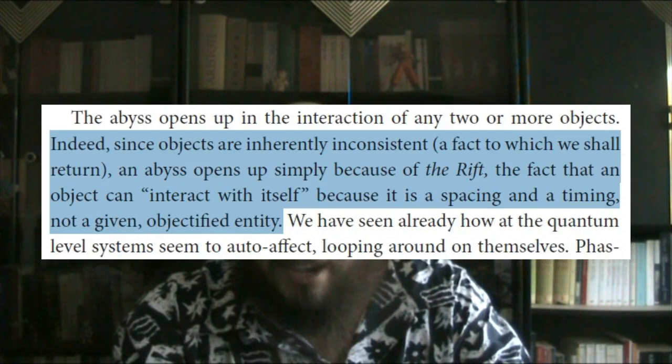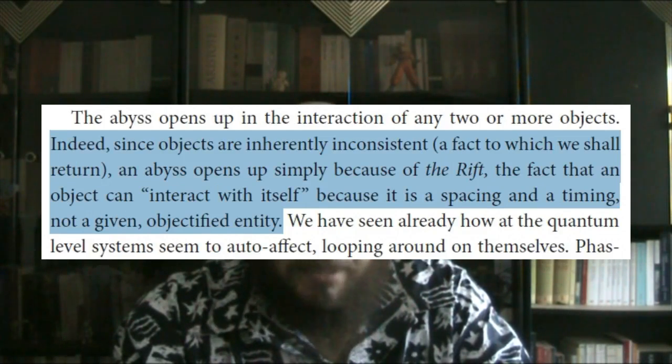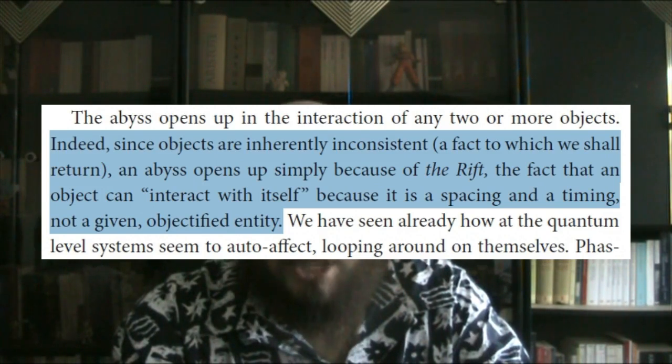Indeed, since objects are inherently inconsistent, an abyss opens up simply because of the rift, the fact that an object can interact with itself because it is a spacing and a timing, not a given objectified entity. So the fact that objects are inconsistent, meaning that they don't have a continuity with themselves, but also with other beings, allows for the coexistence of all of these things.